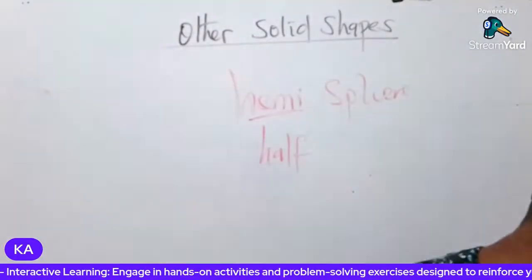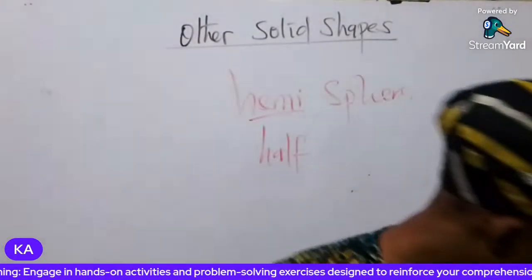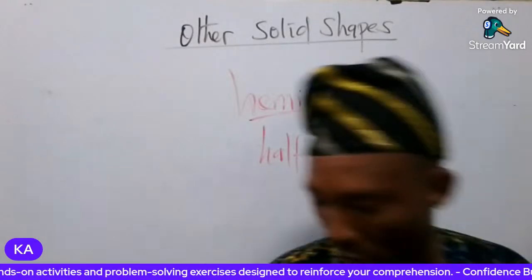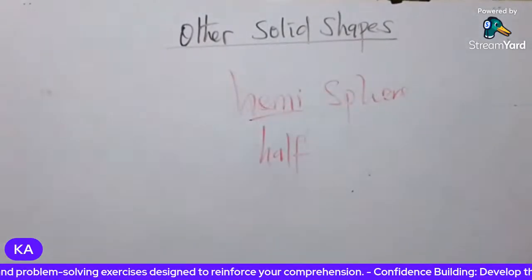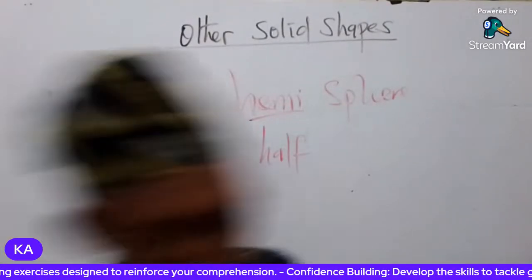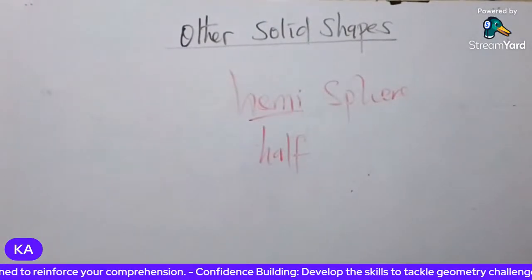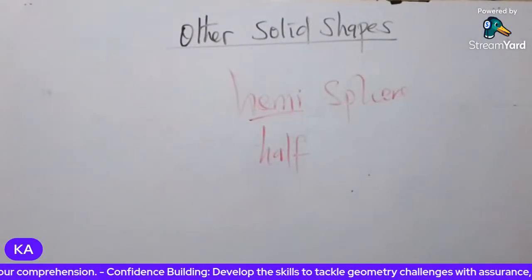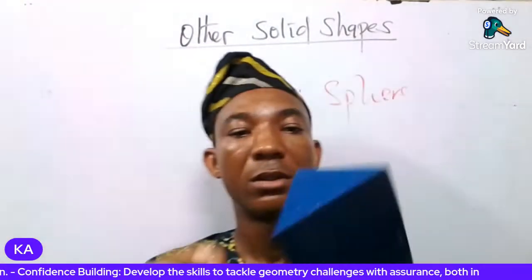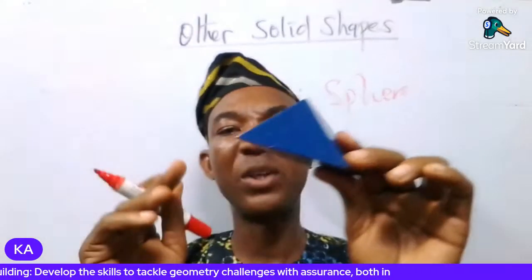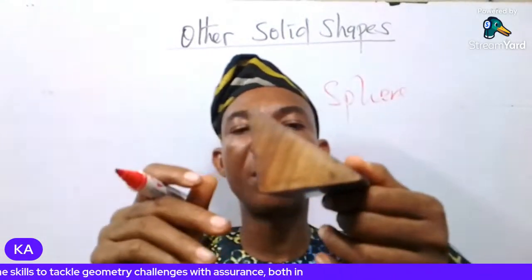Can we see another shape? Great. This is also a prism. But what kind of prism is this?